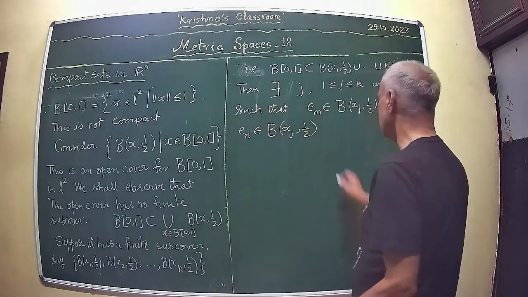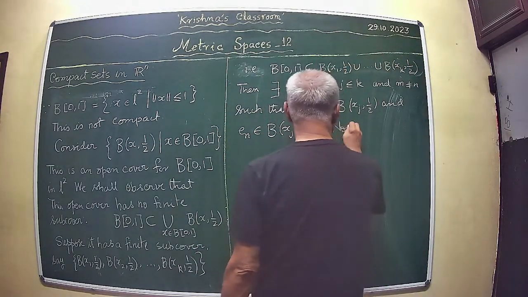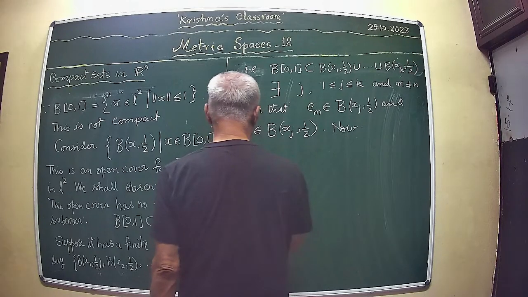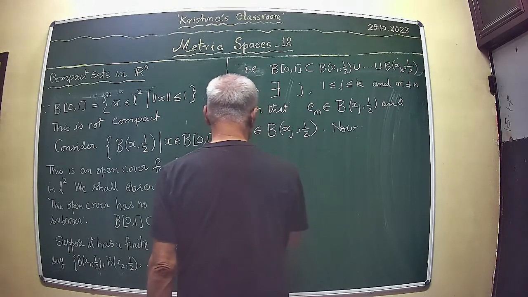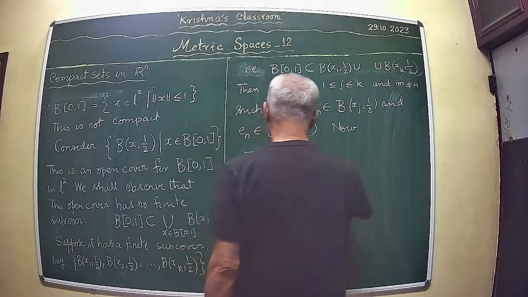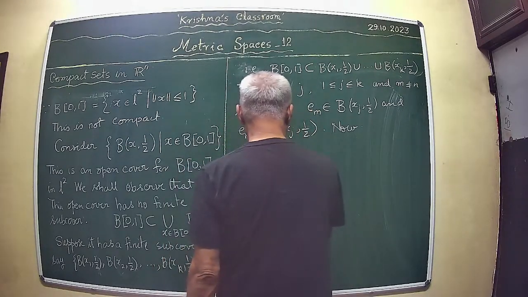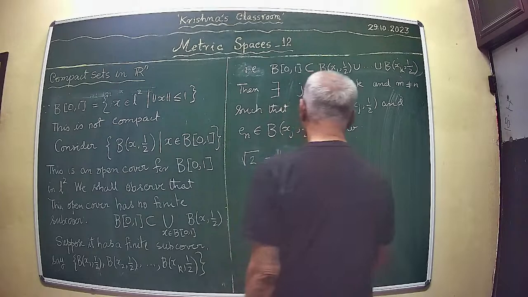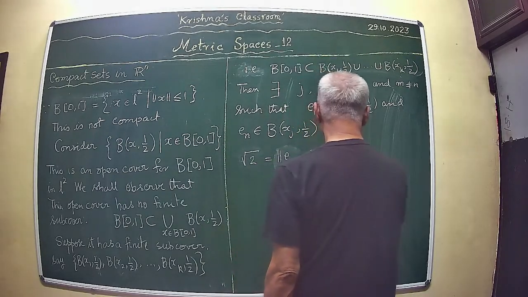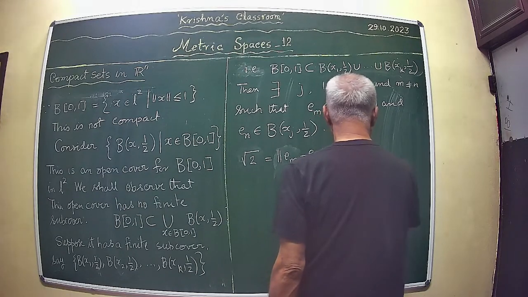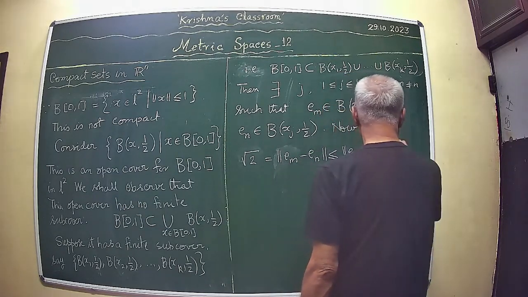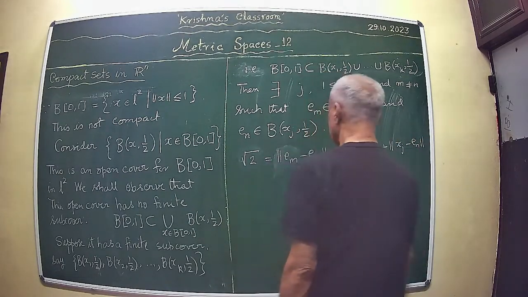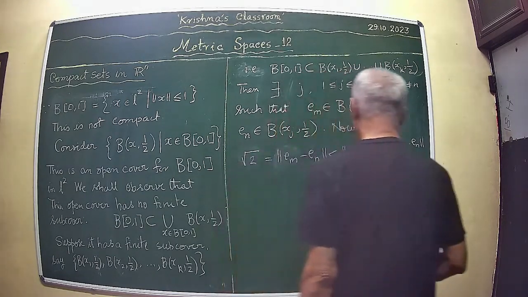Now, we know that the distance between em and en is root 2, that is the norm of em minus en, which is less than or equal to norm of em minus xj plus norm of xj minus en, and each one of these is less than half.